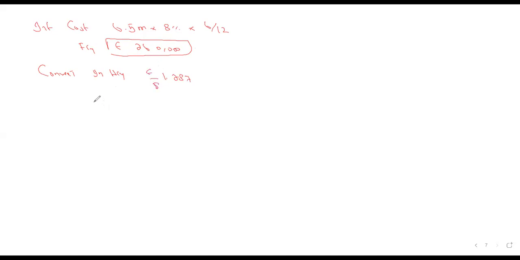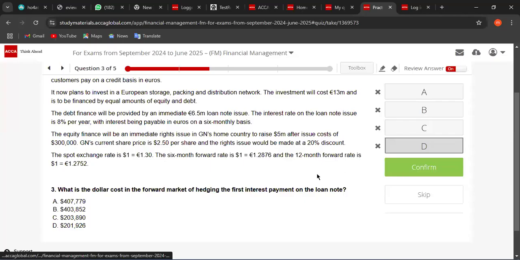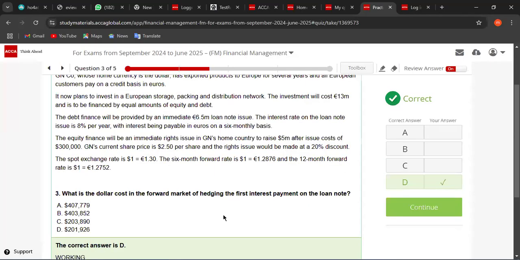So divide 260,000 euro by 1.287 euro per dollar. Euro cancel. How much are you getting in dollars? 201,926. That is the answer, D. Understand?